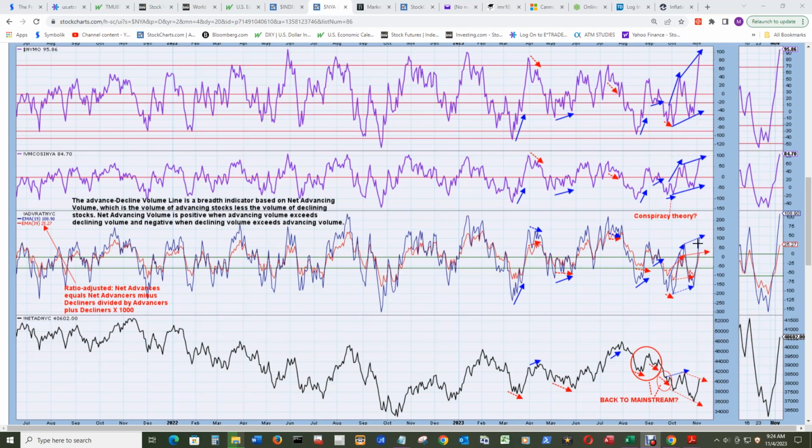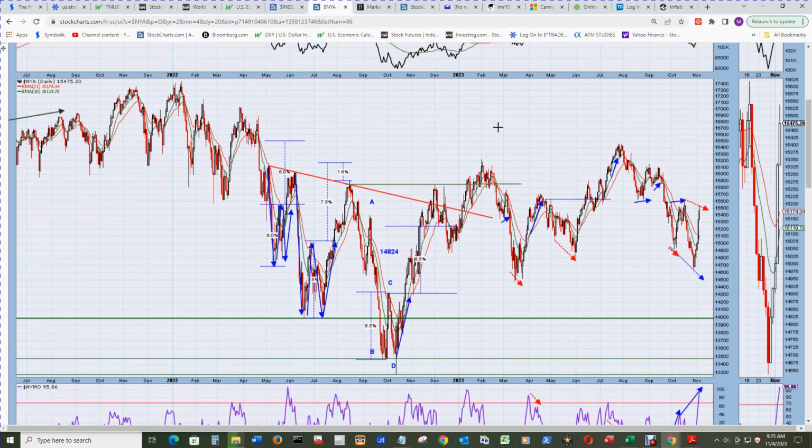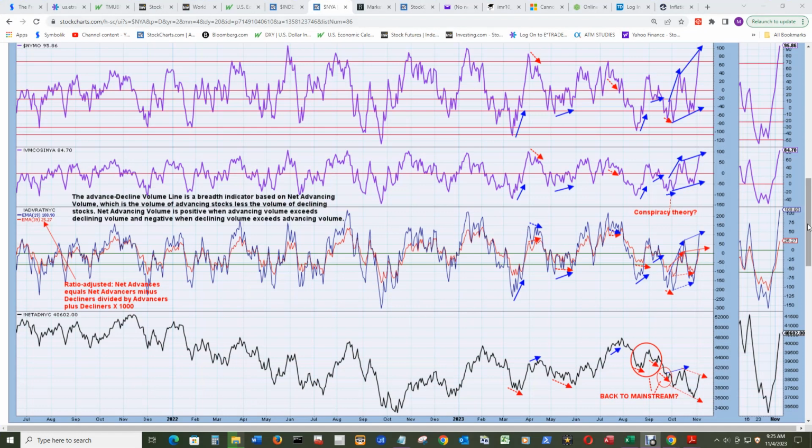And the stocks only volume oscillator is the same for the 19 EMA in blue and the 39 EMA in red here. And the AD line is pointed down. And NYA price here is also pointed down.